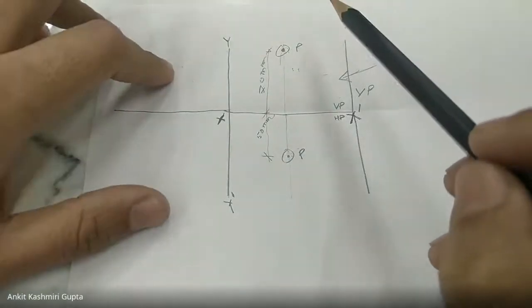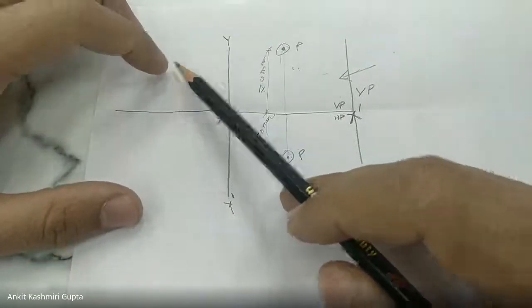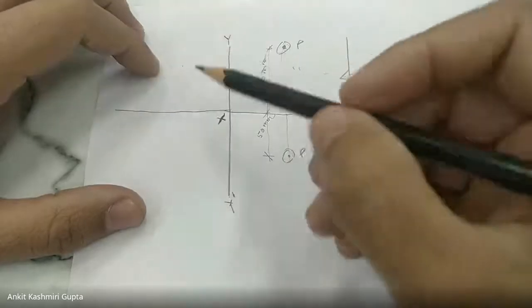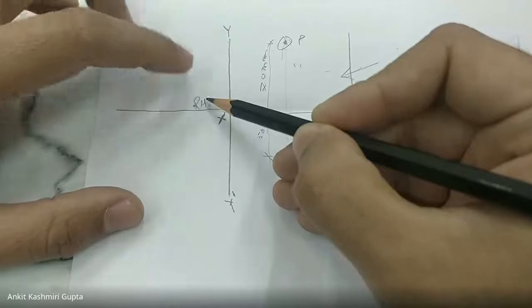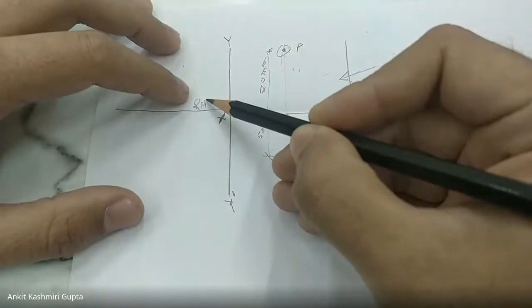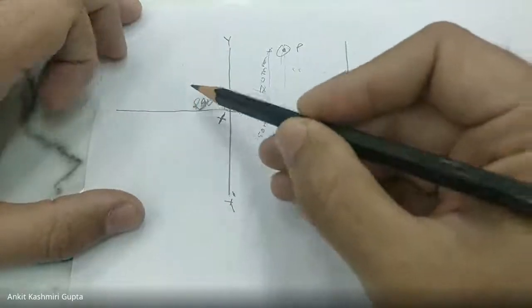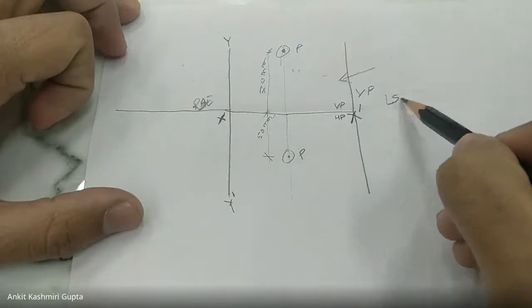I am drawing it towards my left. So this is the ray which is coming from the right. It will be called RHS, right side elevation. So this will be right side elevation, and this will be left side elevation.